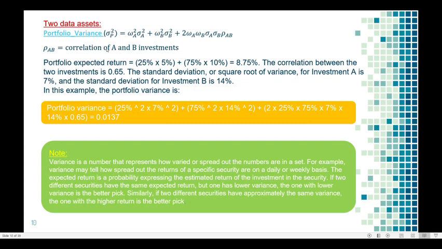The portfolio variance is equal to omega squared A sigma squared A plus omega squared B sigma squared B, plus twice omega A omega B sigma A sigma B rho AB. Here omega A and omega B are the weights of investments A and B, and rho AB is the correlation of the A and B investments, that is, how dependent they are on each other.